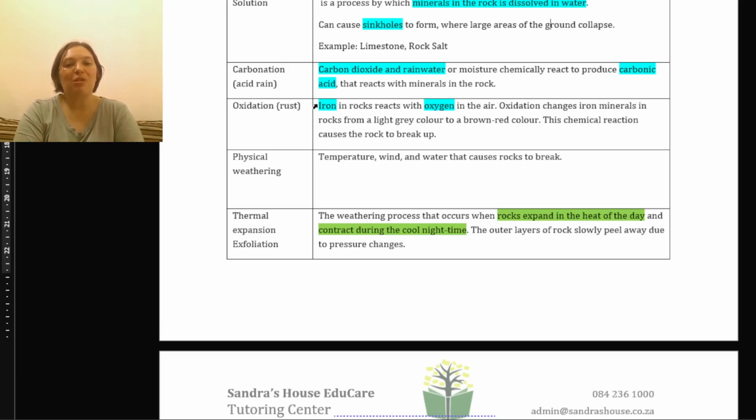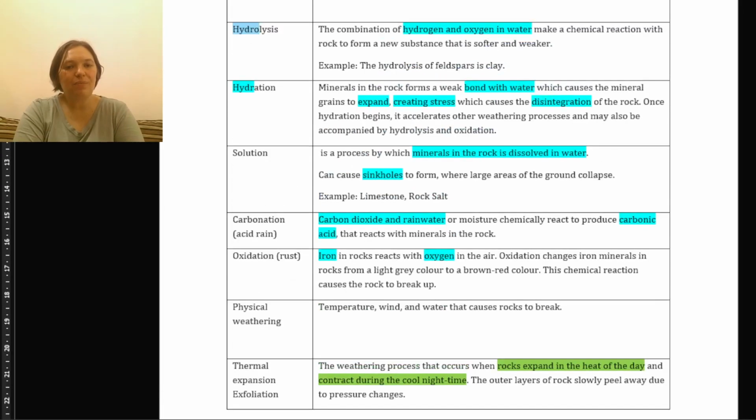So rust happens with iron. Iron in the rock reacts with oxygen in the air. We can see it because the rock changes color from light gray to brown red. You know what rust looks like. It's brownish red. And that causes the rock to break up. So that was chemical weathering.